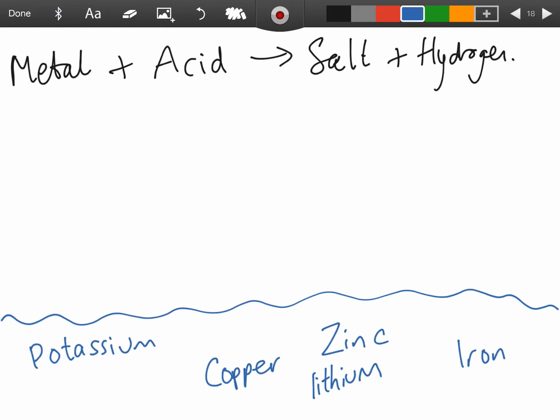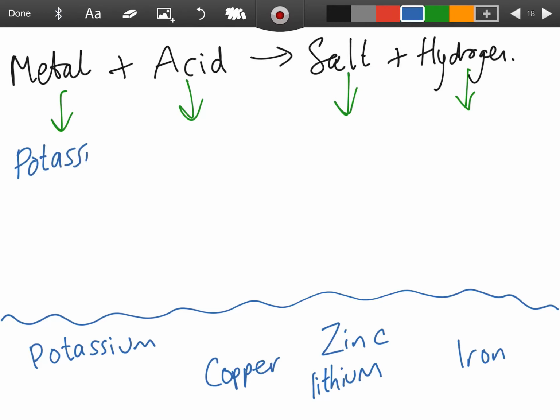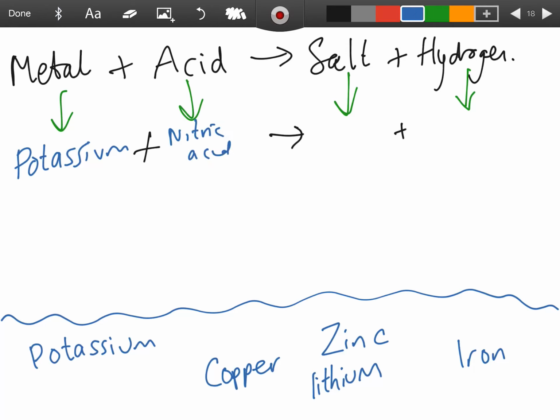So for example, if I say to you the metal potassium, all you're going to do is apply the actual examples to the rule. So potassium. If I say to you the acid is nitric acid, you would write nitric acid. And then you would write salt plus hydrogen.